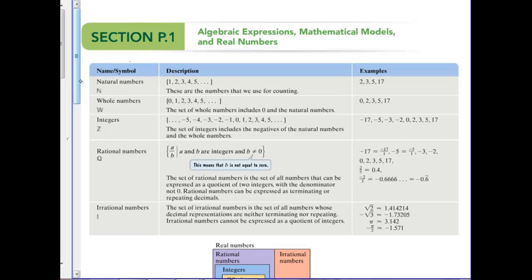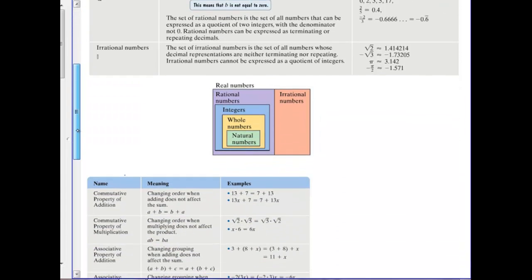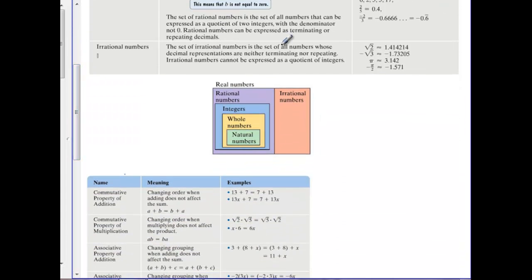As far as how everything relates, real numbers are all of those things that we just mentioned. The natural numbers are within the whole numbers, because the whole numbers are natural plus 0. Then integers have whole numbers inside of them, because the integers are all the whole numbers plus the negatives.